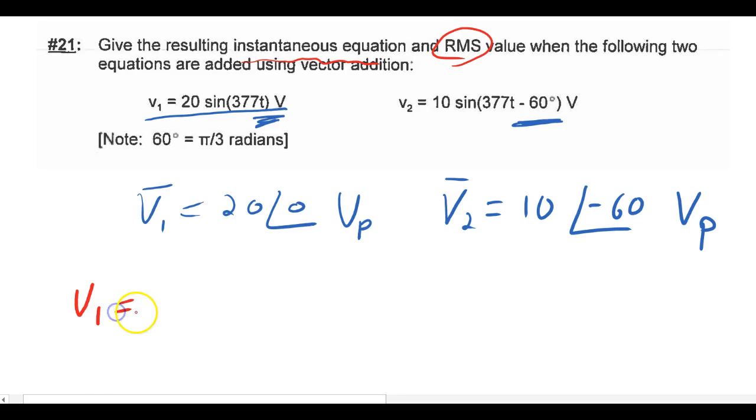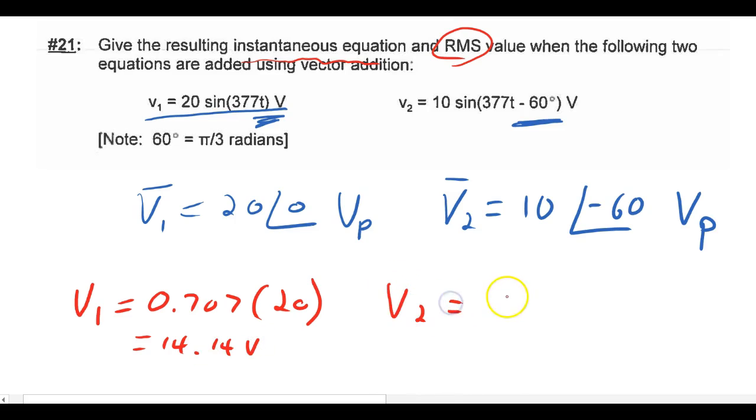V1 has an RMS value of 0.707 times 20, or 14.14 volts. Likewise, V2 has an RMS value of 0.707 times 10, which gives us 7.07 volts.